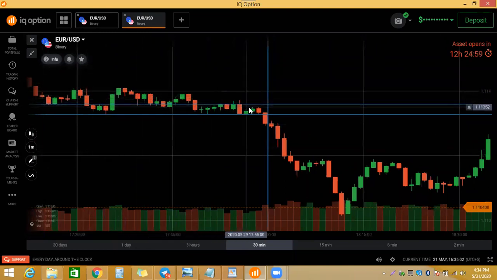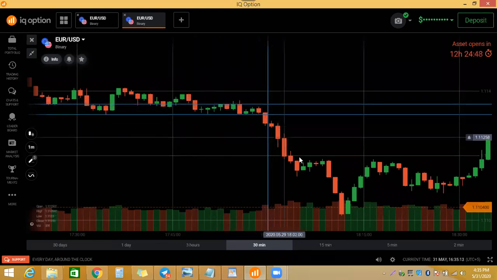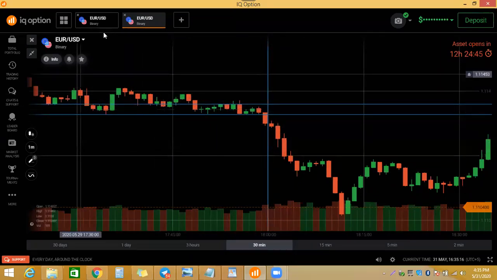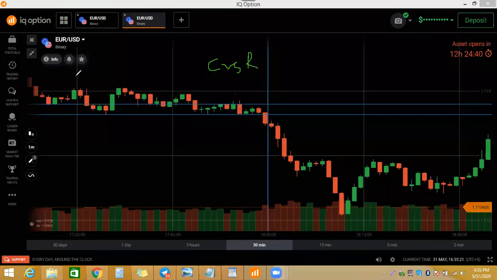This range is the distribution zone. The distribution zone is the supply zone. Supply and distribution have the same meaning. So if the market is falling down, there is a cause because of the distribution zone. As I told you before, cause-based result. So there is a clear cause, that's why the market is falling down.